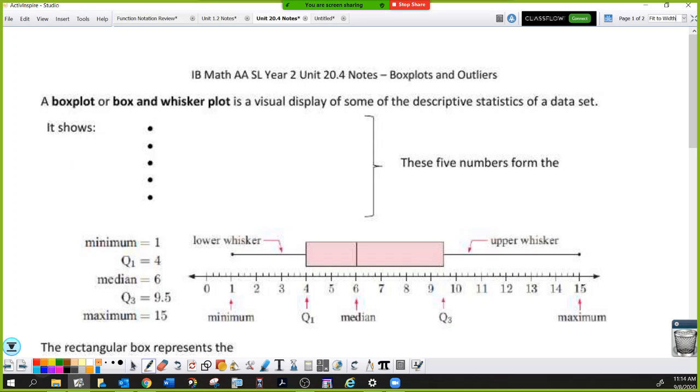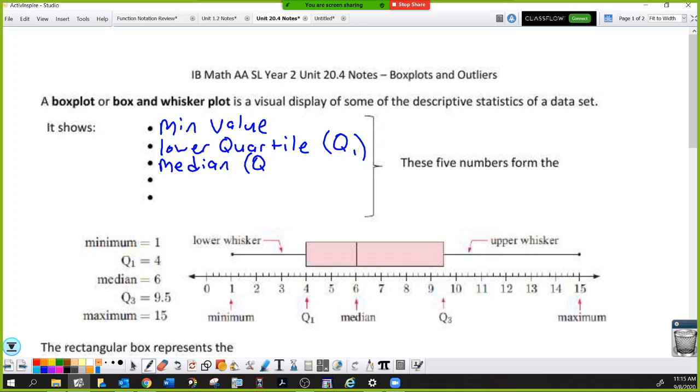So let's put the minimum value, the lower quartile, which is Q1, the median, which is Q2, the upper quartile, Q3, and the maximum value.